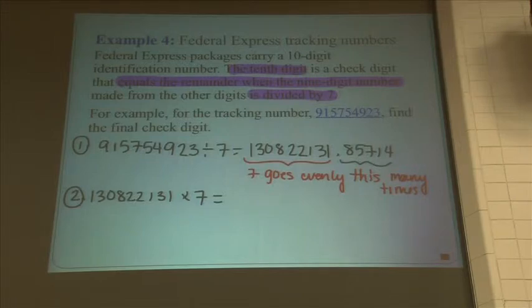So 130,822,131 times 7, I got 915,754,917. So, if you compare your original 9-digit number with this one from step 2, you'll notice there's a difference of 6.